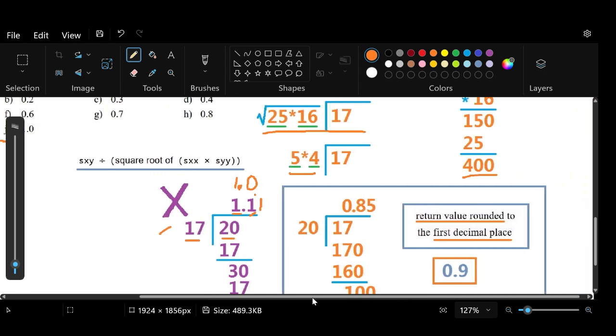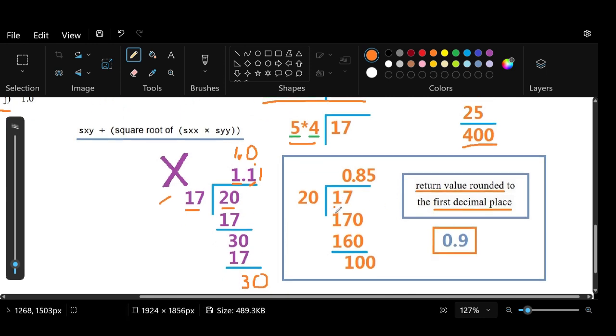And that's when I saw that really if you got the sxy divided by this part, it should be written in this way. And so if we did the division, we should get something like this. Because 17 is less than 20, we need to add a 0 here.